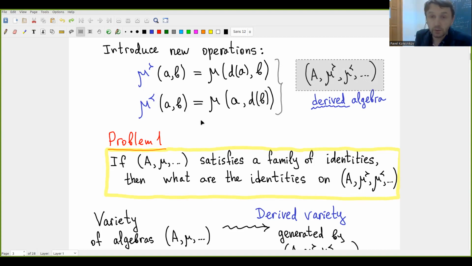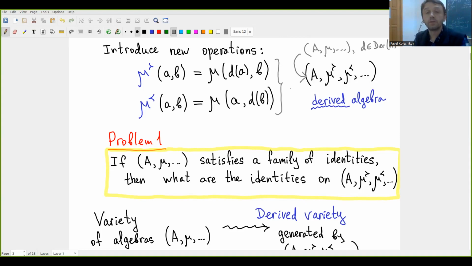It is related with the initial one. The initial one, say A, mu, and maybe more operations, and D from derivation space. So we derive this new system.